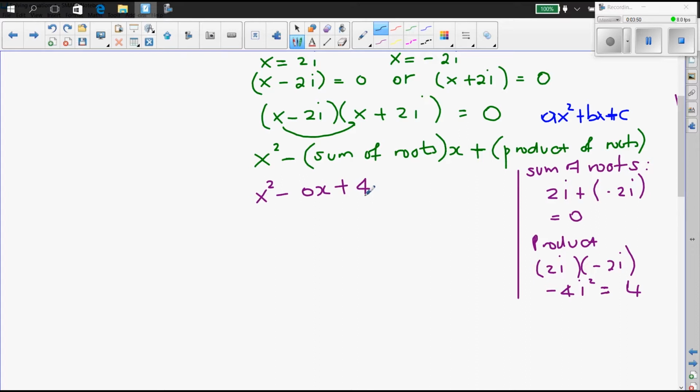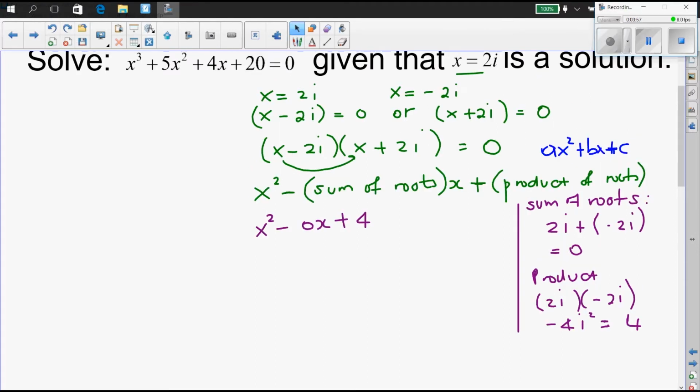So let's just write down our cubic expression again. We see that x cubed plus 5x squared plus 4x plus 20 is going to be x squared plus 4 times the last factor, and to find it, I'm going to use the inspection method again.